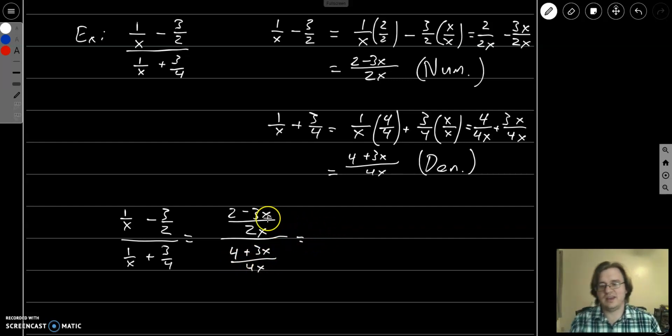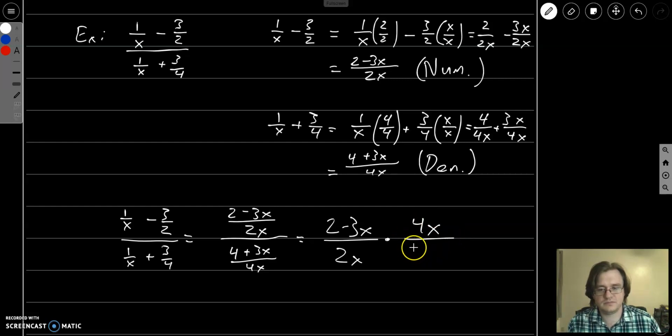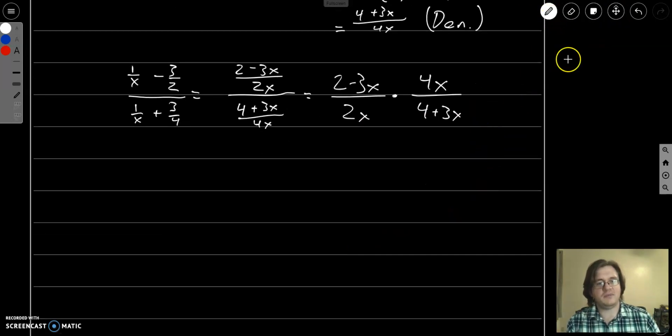And just like always, I'm taking a fraction and dividing it by another fraction. Therefore, it's the same as taking the top fraction and multiplying it by the reciprocal of the bottom fraction. In order to multiply fractions, we factor each part of both fractions.